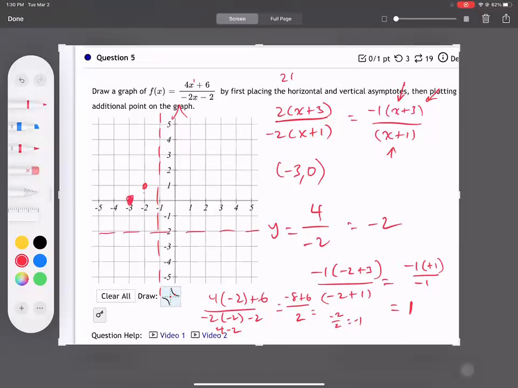Then how did I mess up over here? Negative 2 times negative 8 plus 6 is negative 2. And on the bottom, negative 2 is a positive 4. It's negative 1. How did I mess up on this right side then? If I plug in negative 2, negative 8 plus 6 is negative 2.